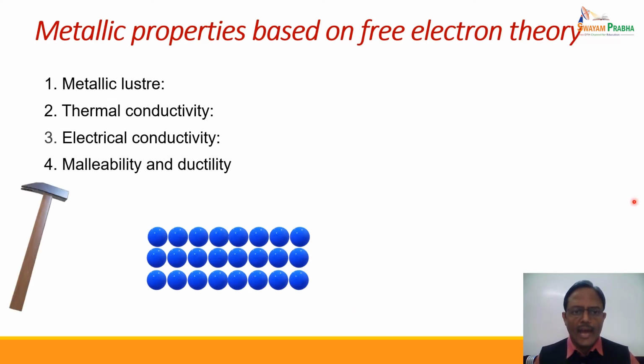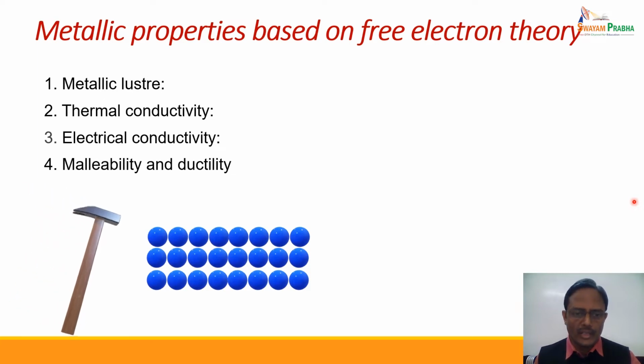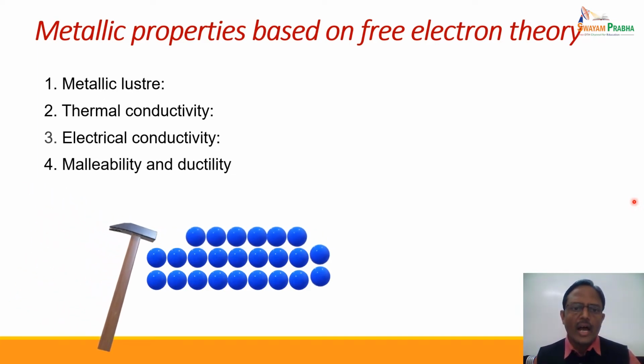Now if we hammer this material from one side, the atoms get shifted to the next position and they get rearranged in the new location, and they get attracted by the electrons which are moving over their surface, and the new position leads to a change in the structure of the surface, and hence the material becomes malleable and ductile.